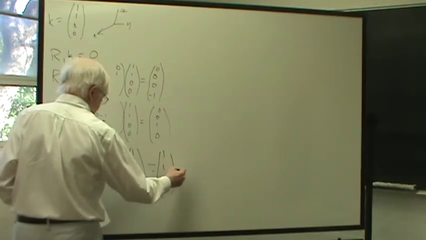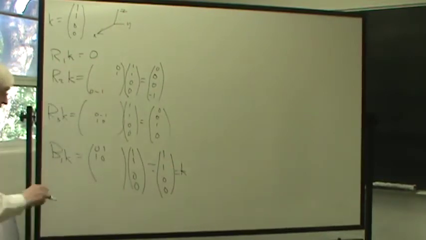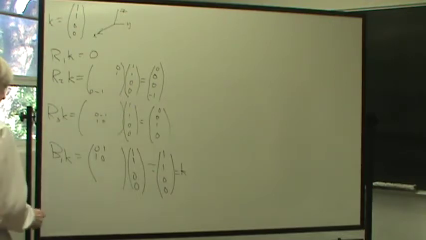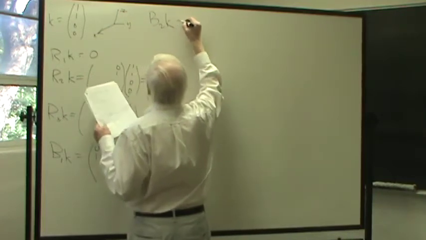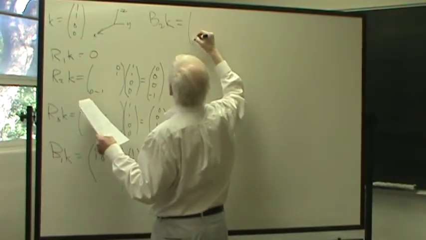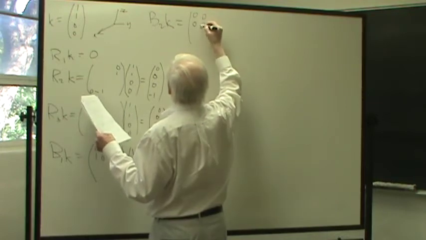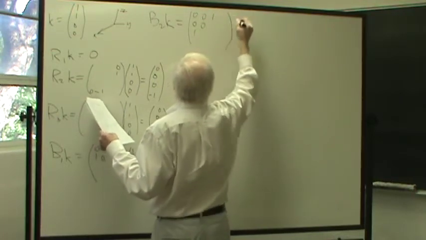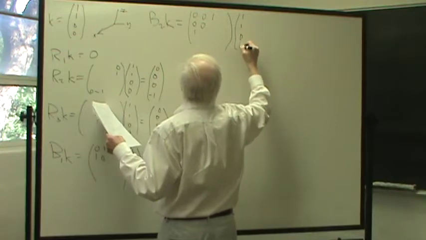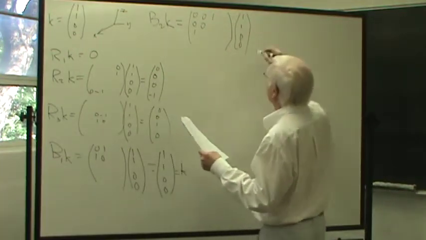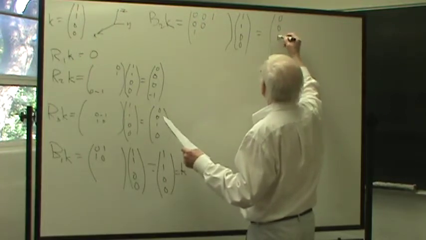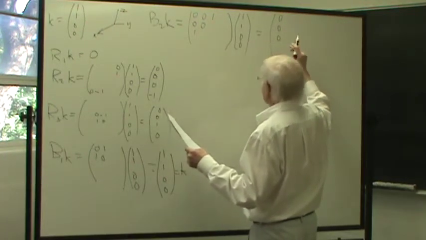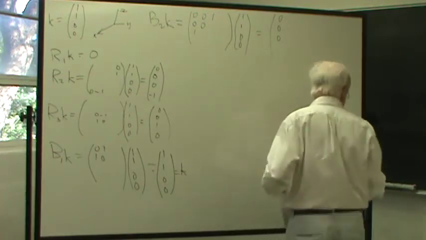So this is K. So B1K is K. On the other hand, B2K is 0, 0, 0, 0, 1, 1 on 1, 1, 0, 0. And this is 0, 0, 0, no, hold on, 0, 0, 1.